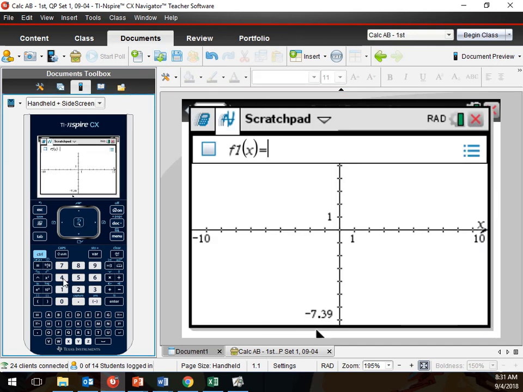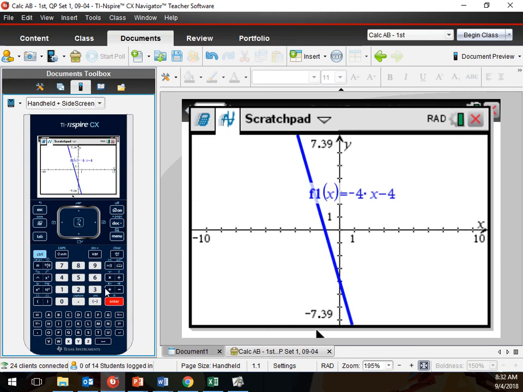What was the first one? -4x minus 4? Was that the tangent? Yeah, -4x minus 4.